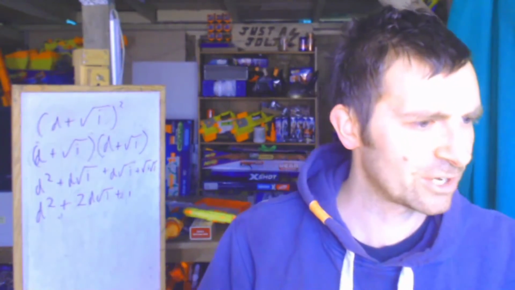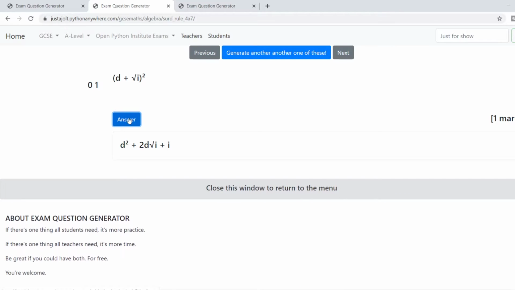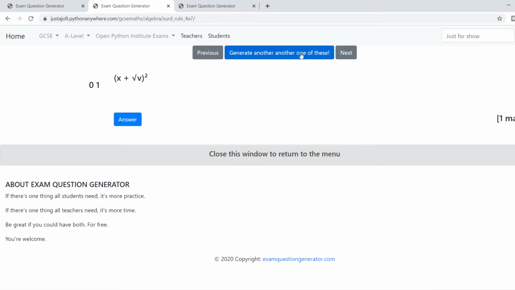So first of all, let's check and make sure our answer is correct there. So there's our answer, and let's generate another one. What we're going to do this time is go directly to the answer without going through those middle points. So I'm going to write that out again. We've got (x plus root v) all of that squared.